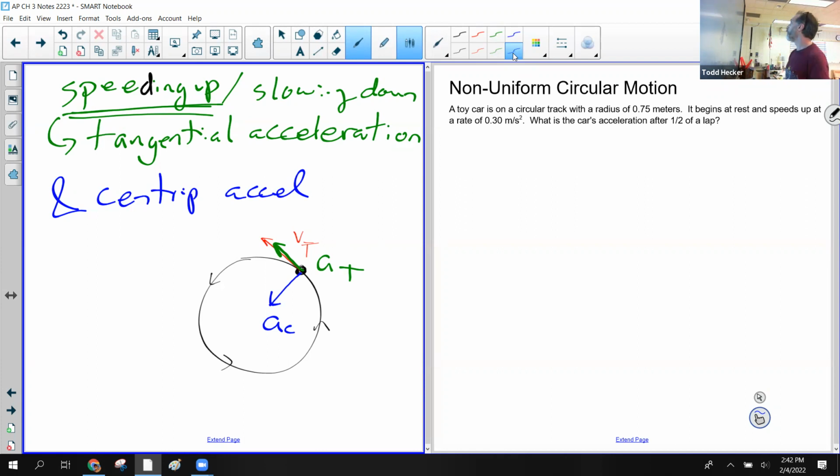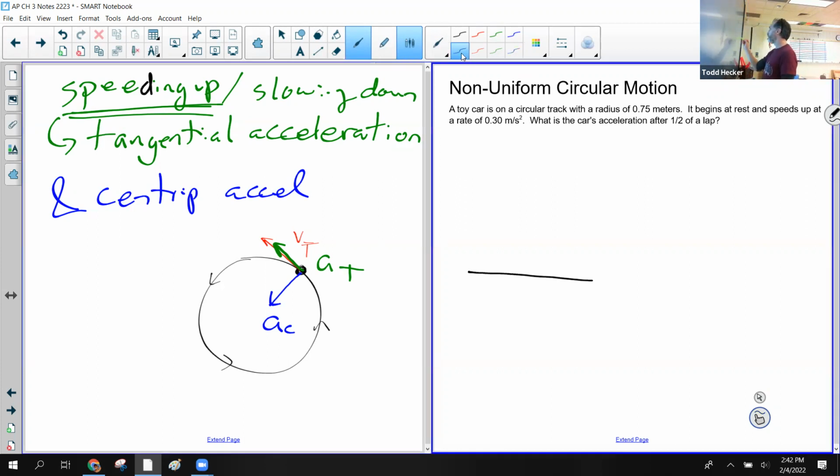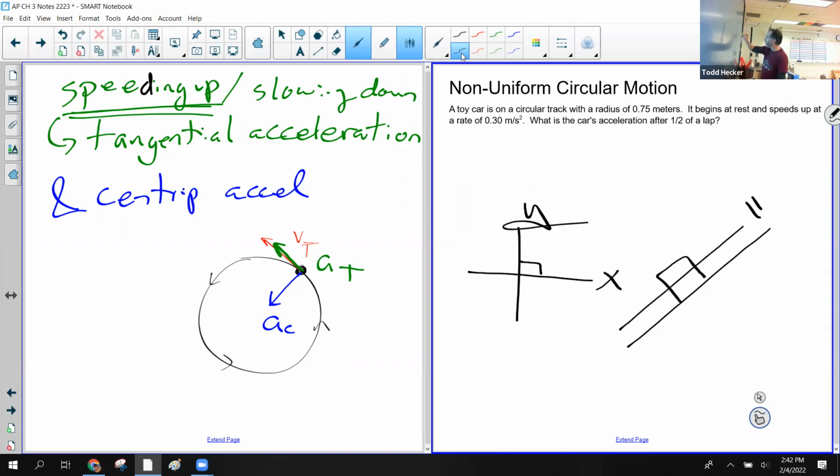All right. So often we use X and Y axes. Okay. Notice that's an acceptable choice of axes because they are perpendicular. All right. When you've got an object on an inclined plane, we don't use X and Y. We use parallel and perpendicular axes, right? And again, those are perpendicular to one another, so that's a good choice of axes.